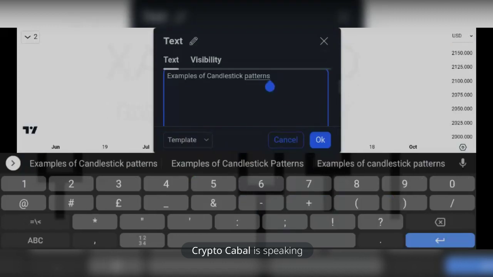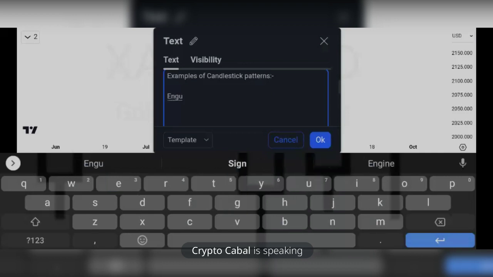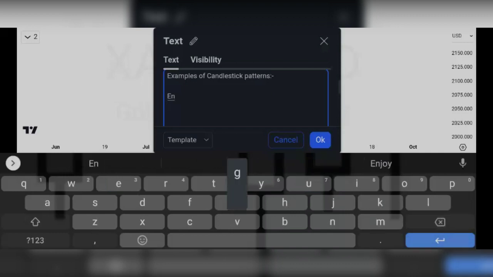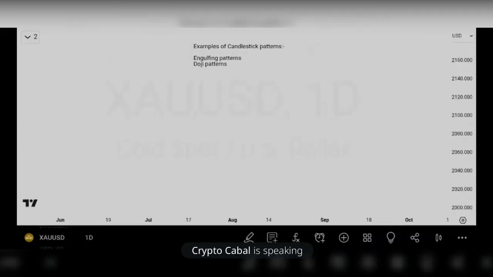Engulfing patterns and doji patterns. So these are the two that we'll be talking about tonight to save us time.